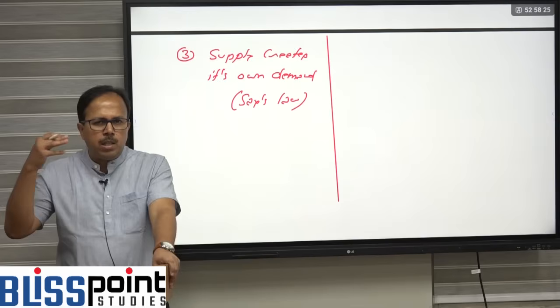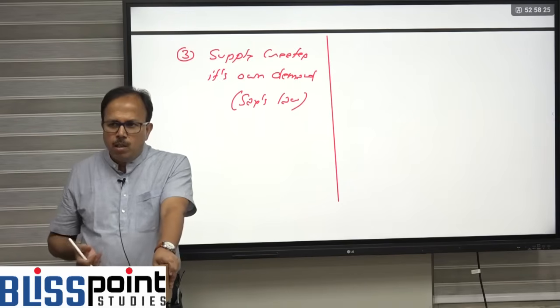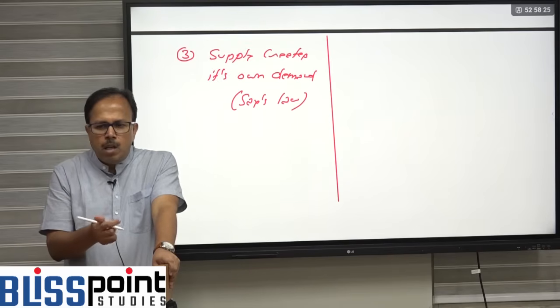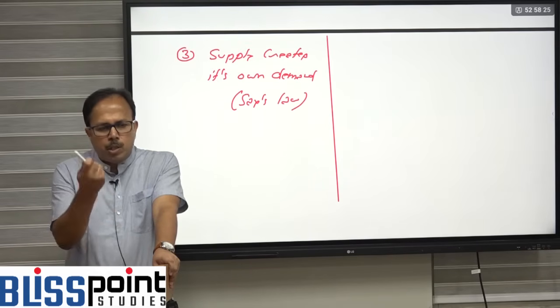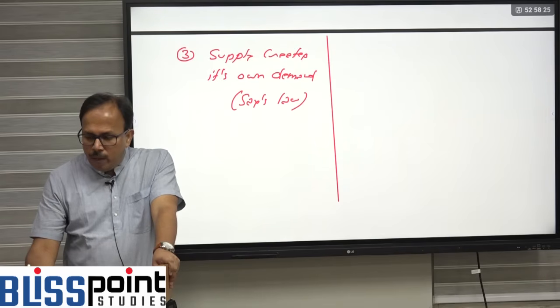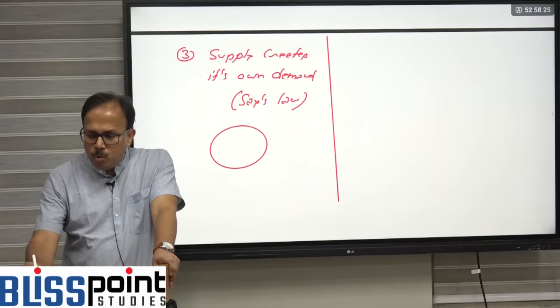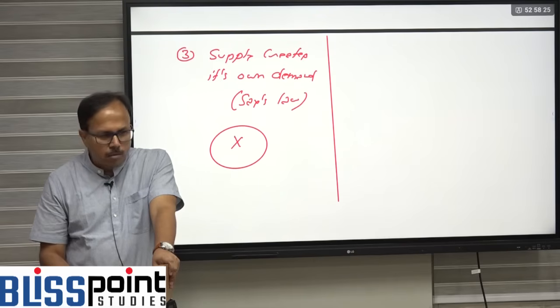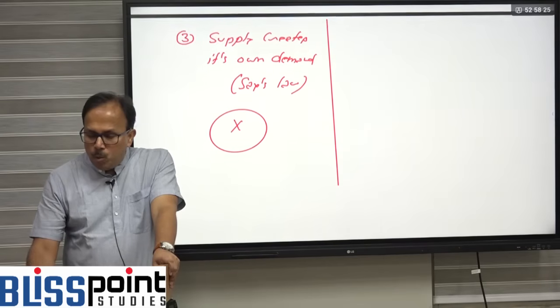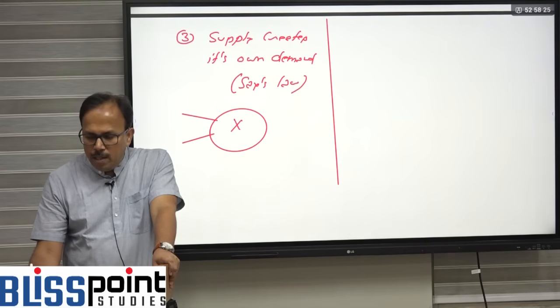Now just think of what is the logic and reasoning behind it. Why do classicals believe that supply will create its own demand? That means if you supply a product, demand for that product is generated. The reason provided by classical economists is that if you produce any particular product, suppose good X has been produced, in order to produce that product, we will be requiring labor, land, capital, entrepreneur.